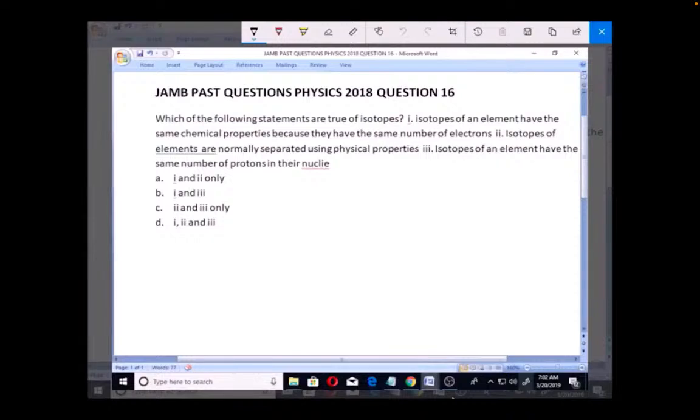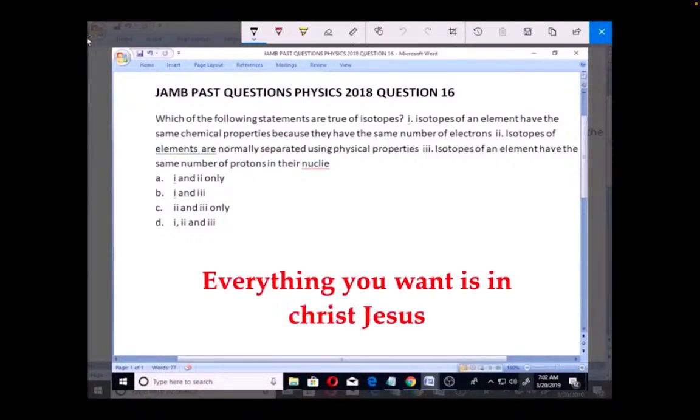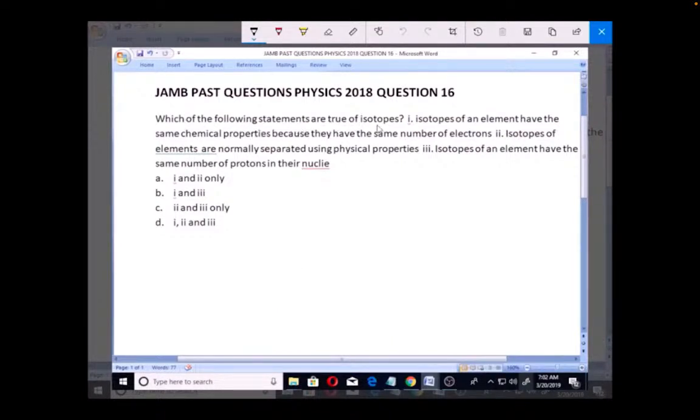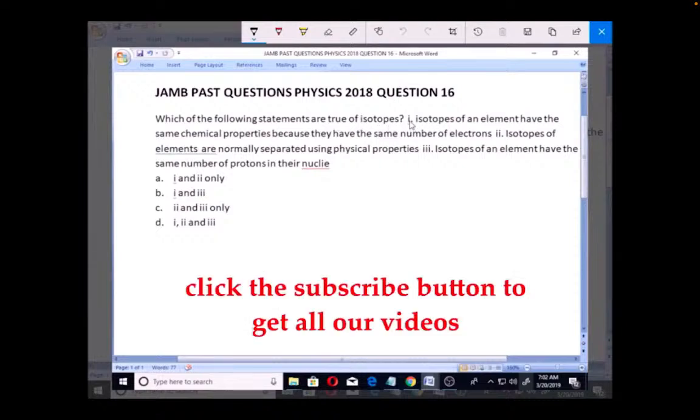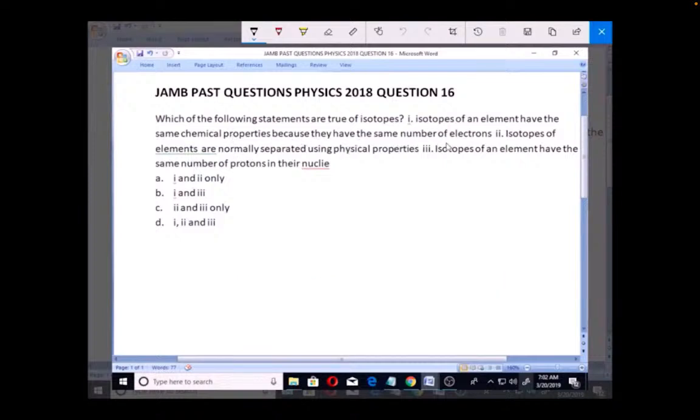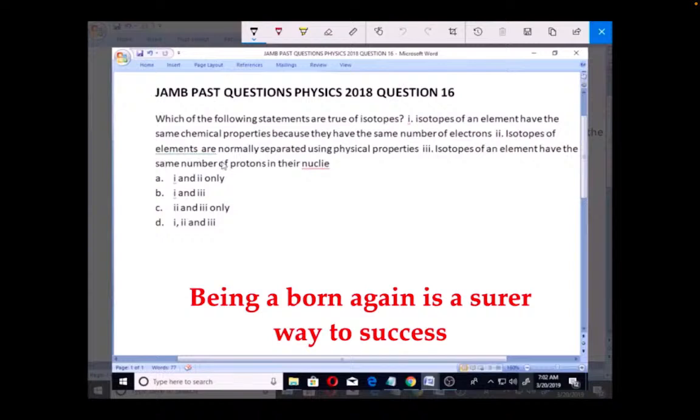This is question number 16 for JAMB Past Question Physics 2018. And the question goes like this. Which of the following statements are true of isotopes? I. Isotopes of an element have the same chemical properties because they have the same number of electrons. II. Isotopes of elements are normally separated using physical properties.